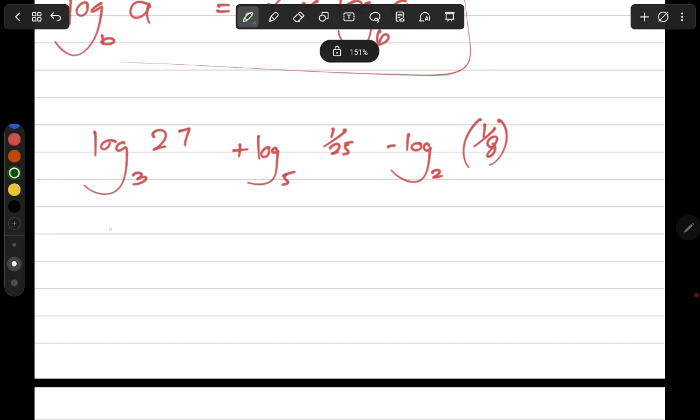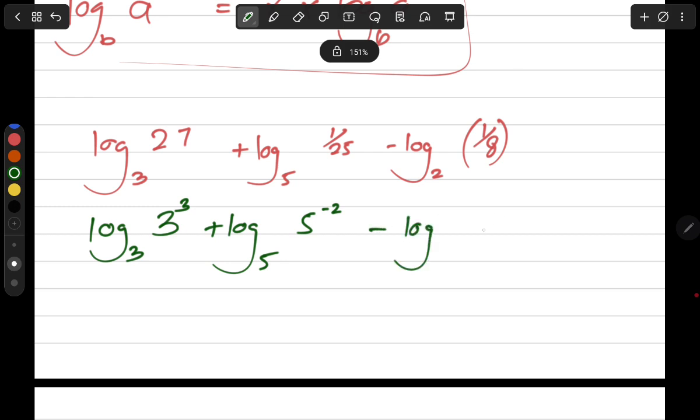Now I can rewrite all of this: 27 may be written as 3 power 3, 1 upon 25 may be written as 5 power minus 2, and 1 upon 8 may be written as 2 power minus 3. So now I can bring the powers back to be the coefficients of the logarithms.